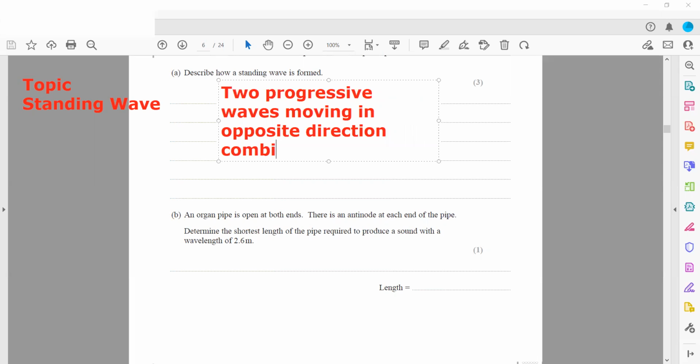You can use the term combine, or you can say superimpose or interfere.